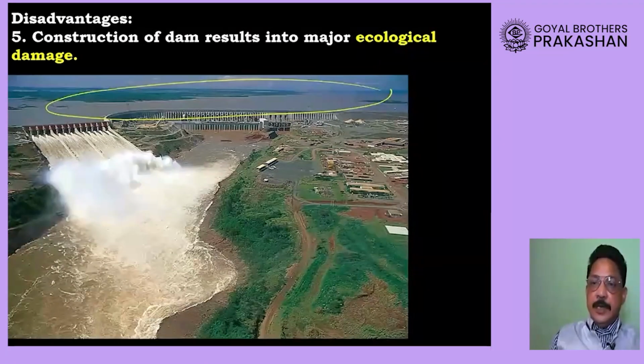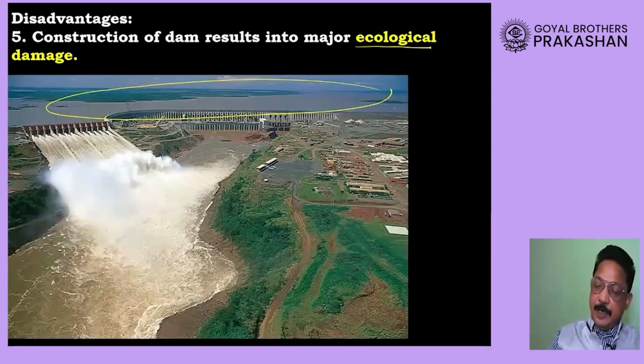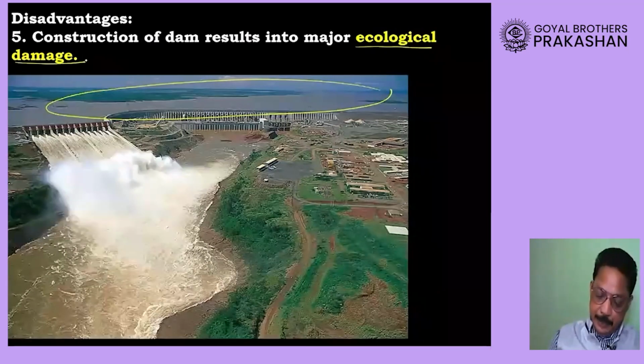Then the area which is now going to go underwater, there is a lot of destruction of forest. Okay, and in this way, it not only affects the plant life, but it also affects animal life living over there. And in this way, they result in ecological damage.